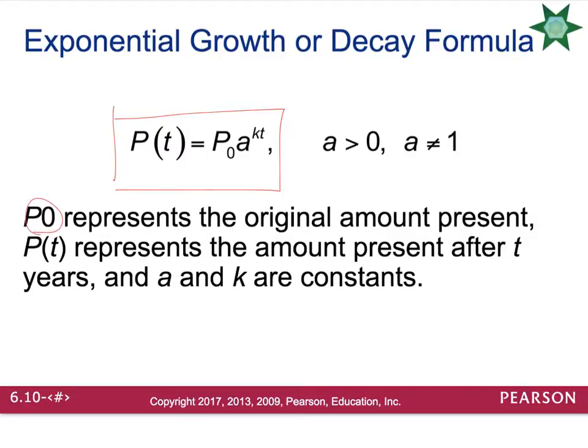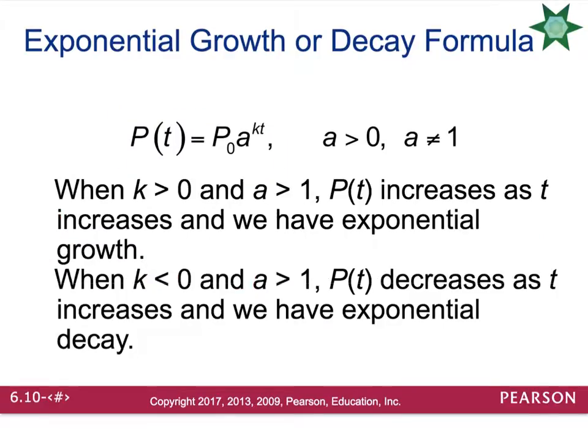The P sub 0 represents the original amount that was present. The P of t represents the amount that's present after t years. A is a constant and k is a growth constant. If both the k is positive and the a is bigger than 1, you will have exponential growth. If the k is less than 0 and the a is bigger than 1, you will have exponential decay.